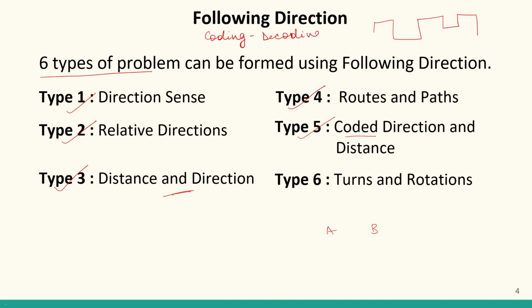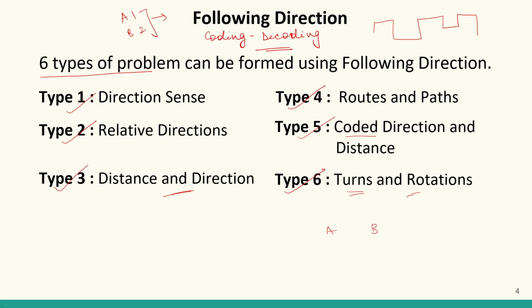In coding decoding, we write A as 1, B as 2, and then we have to decode them further. Same concept we use for following directions as well. This is not very tricky or anything. Then we have turns and rotations, based on how many turns or rotations a person takes. So all these 6 types of questions can be formed from following directions.